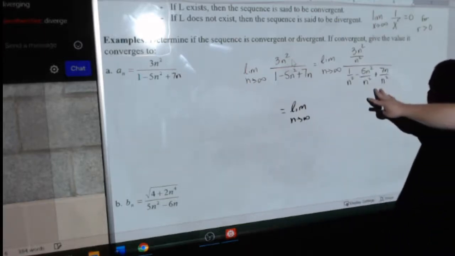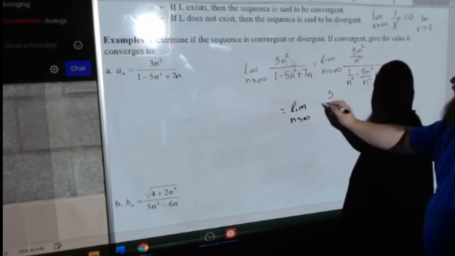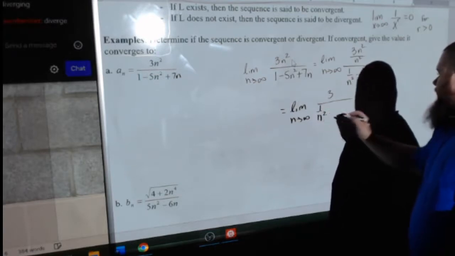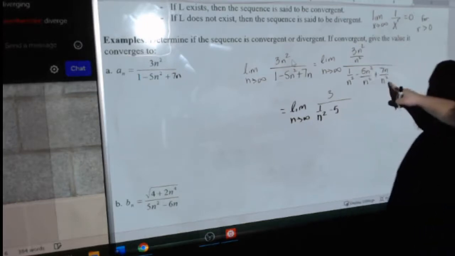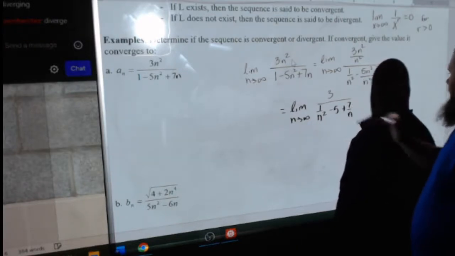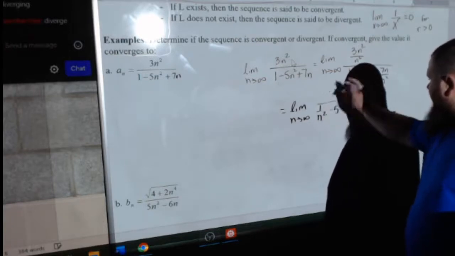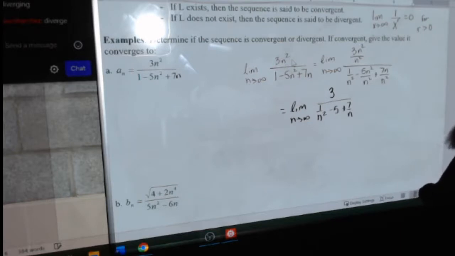So I divided everything by n squared here. They'll cancel there. I'll leave this alone. This becomes minus 5. This becomes 7 over n. Notice my 3 looks a little odd there. Let me fix it, at least from my view. There we go. All right.